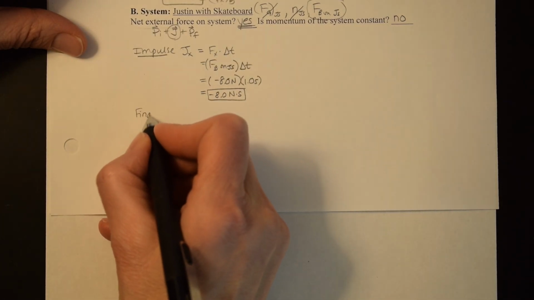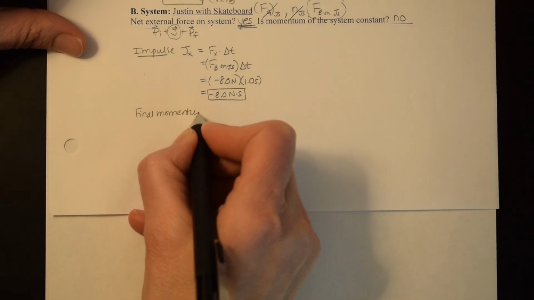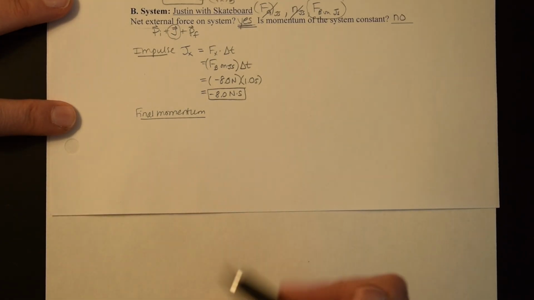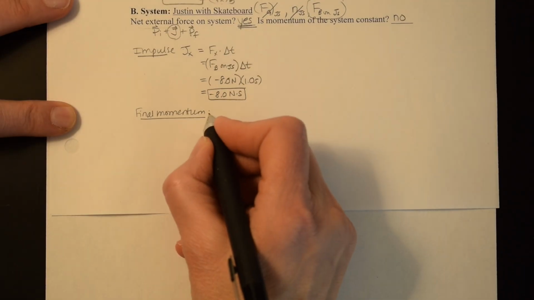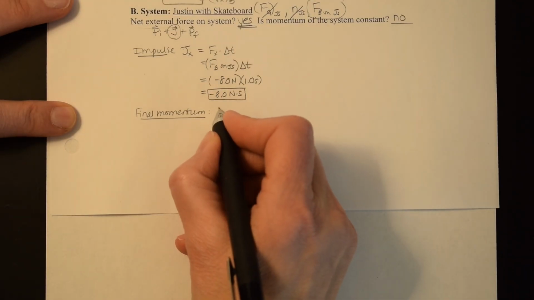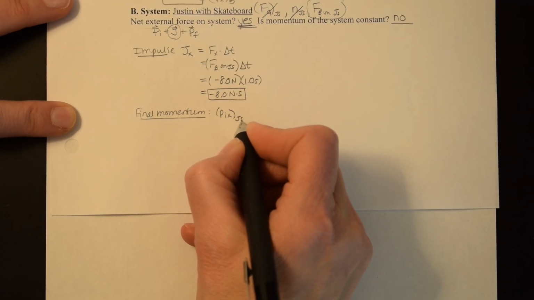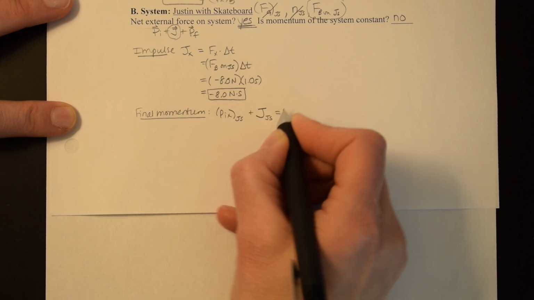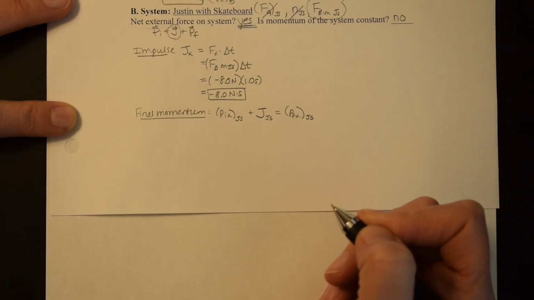Okay, now we need the final momentum. We are going to start here with our momentum principle. So we have the initial x direction momentum for Justin and the skateboard plus the impulse on Justin and the skateboard equals the final momentum of Justin and the skateboard.